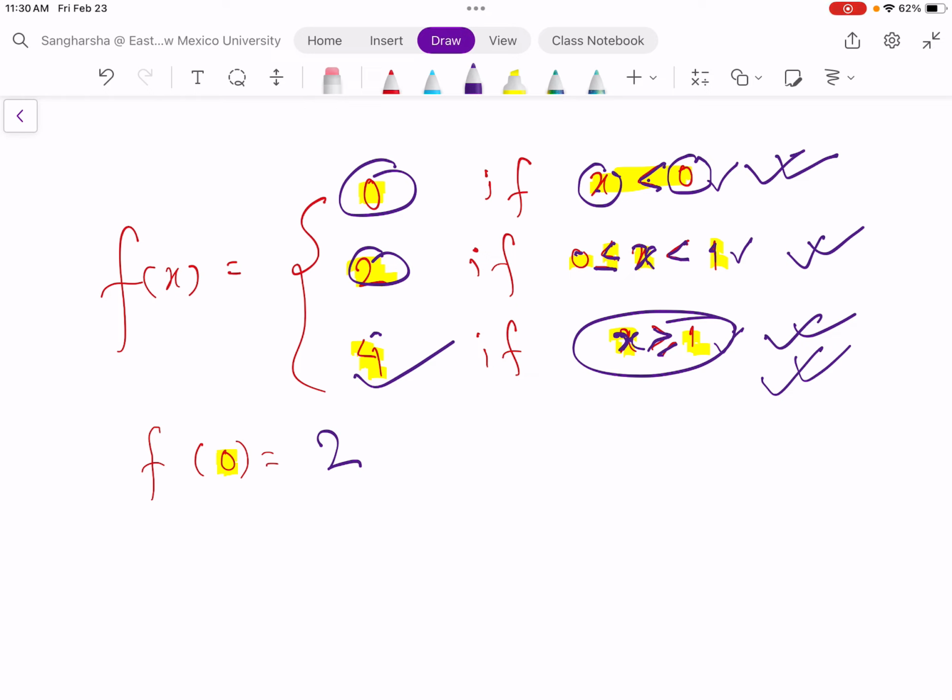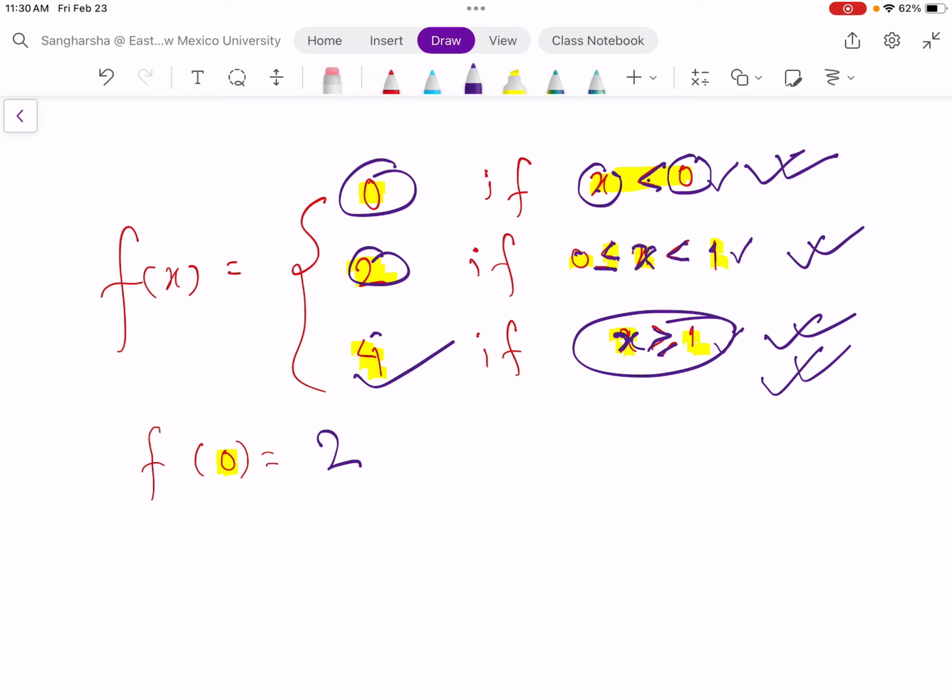Okay, that's good. F of 2.5? 4. Okay. What about f of 9? 4. Okay, good.